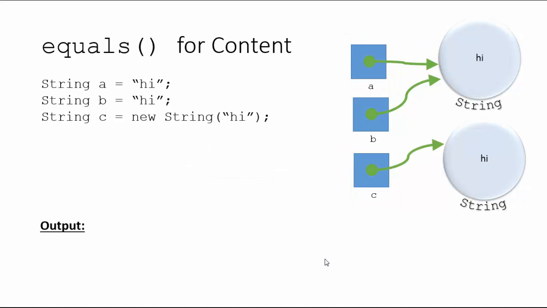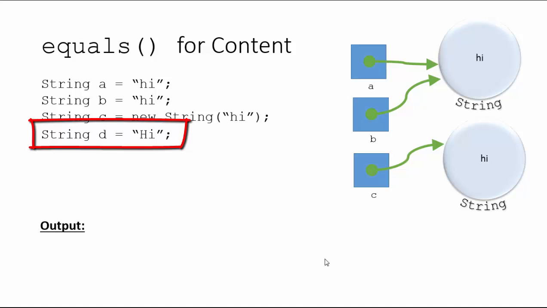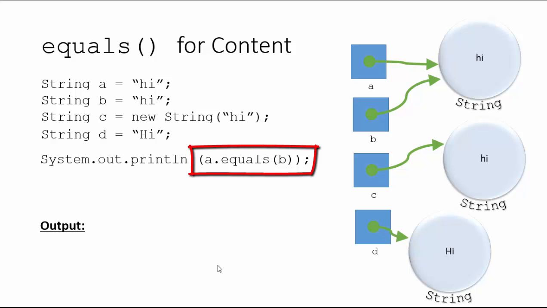When we want to test if the characters in a string object are equal, we will use the equals method in the string class. Let's create a new string reference variable, d, and a string object with the characters uppercase H, lowercase i. The object's address is placed into d. This method asks the object a to run the equals method and test if its characters are the same as the characters in the b object.